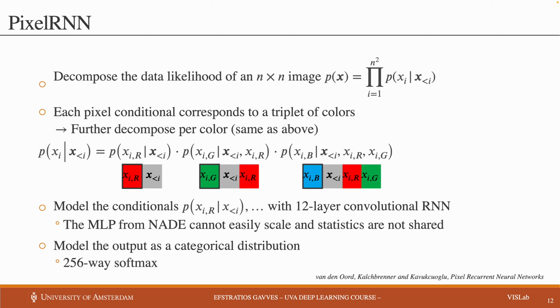And they model conditionals with a convolutional recurrent neural network, because the NADE architecture is not easy to scale up. You cannot easily have very large inputs, very large images.